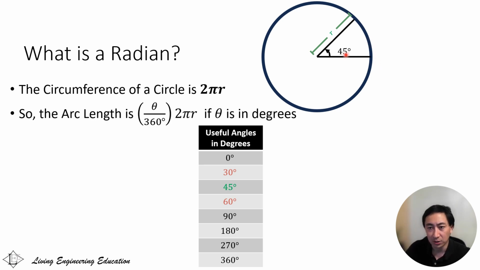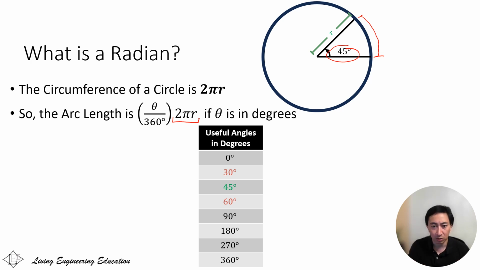So for example, 45 degrees, this arc would be, let me see if I can draw it straight enough. So it would be this arc length right there, right? So that arc length would be related to 45 degrees. And I'm saying that we could take 2 pi r, the full circumference, and multiply it by a ratio.